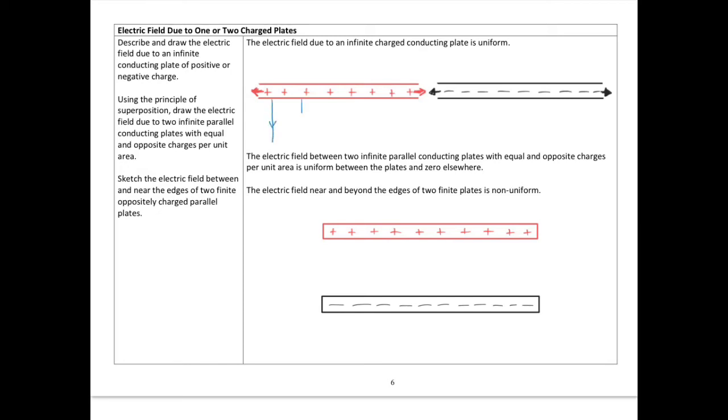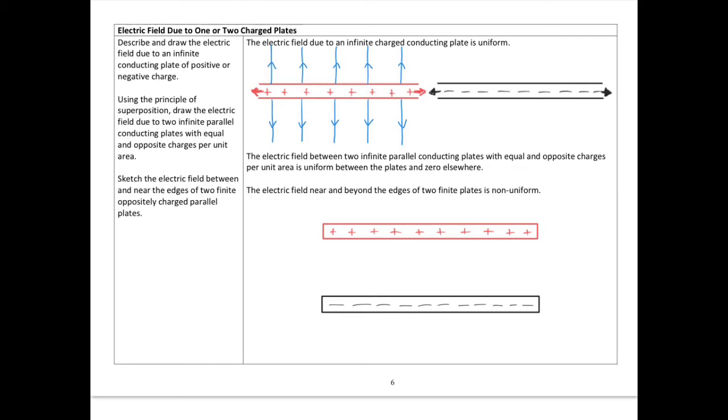And if we have an even distribution of charge through that plate, we are going to get a uniform electric field in the region surrounding that plate. So it will look basically like what we have here. So there's our field due to an infinite positive plate.